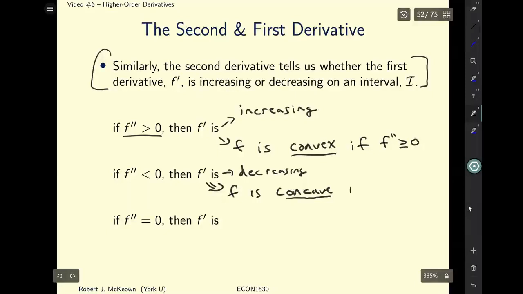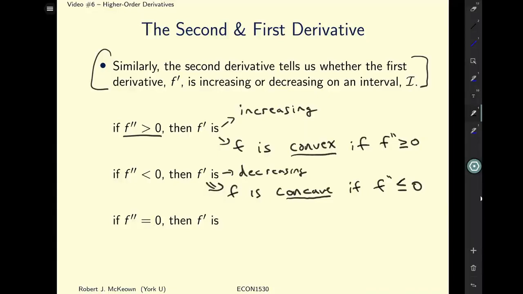And it's concave if f double prime is less than or equal to 0. So we say that it is concave if the second derivative is less than 0. If it's a negative value, we say that the function is concave.